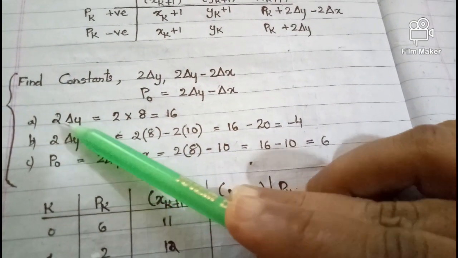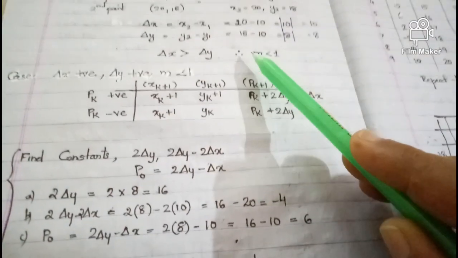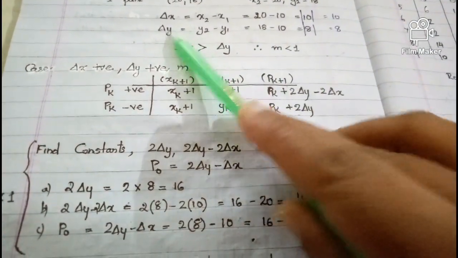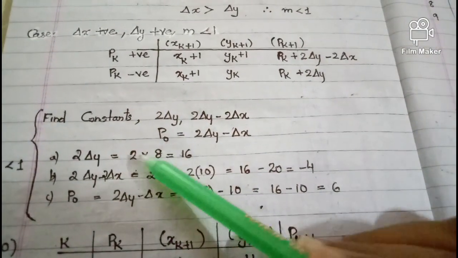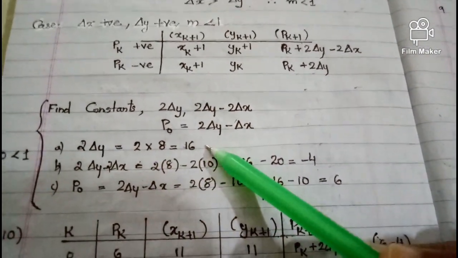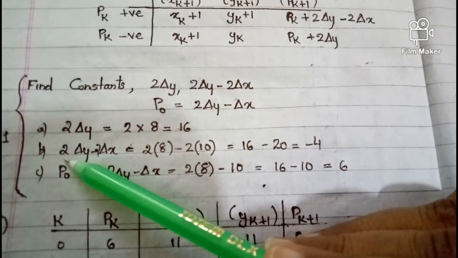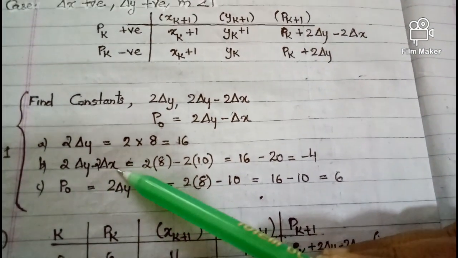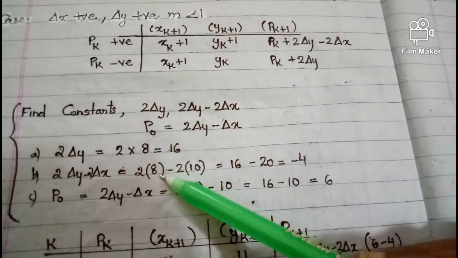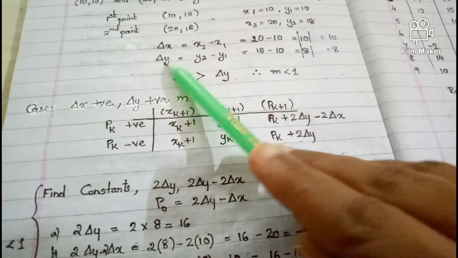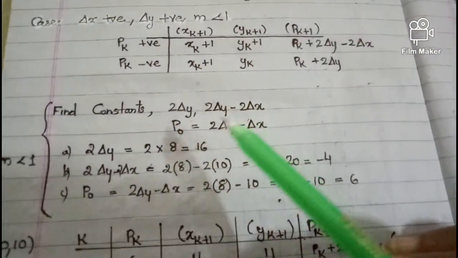So the value of 2 delta y is 2 into the value of delta y. The value of delta y is 8. So 2 into delta y is 2 into 8, which is 16. And the second constant is 2 delta y minus 2 delta x. 2 delta y means 2 into 8, because the value of delta y is 8 and the value of delta x is 10.